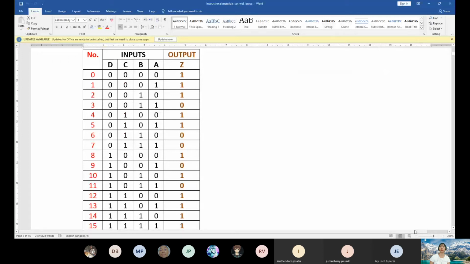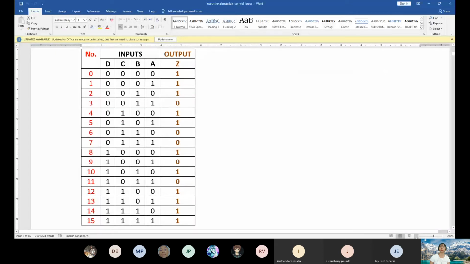Okay, so we actually have 16 combinations starting from 0 to 15. So if we're going to use Boolean algebra, would you use min terms or max terms given this truth table, class?